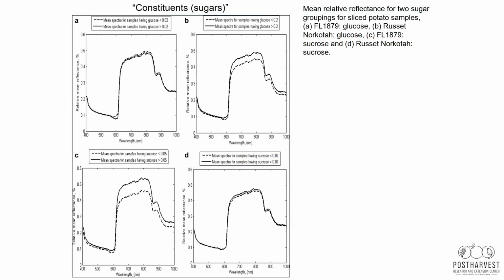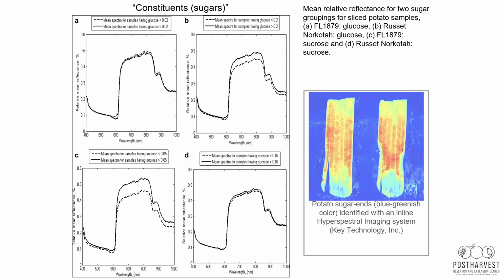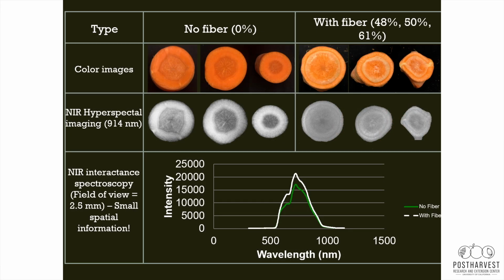This is just an example of how hyperspectral imaging or near-infrared imaging is currently being used in the field. Key Technology can sort for different sugar levels of potatoes, for example, which is a quality attribute in processing potatoes. We have color images, hyperspectral images to detect the presence of fiber tissue, and spectroscopy as well.